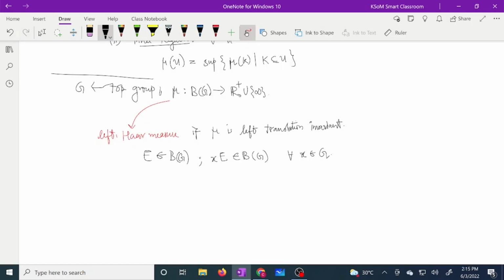If you are not convinced, this is a small exercise which you can try yourself. So the translate of any Borel set is again a Borel set.